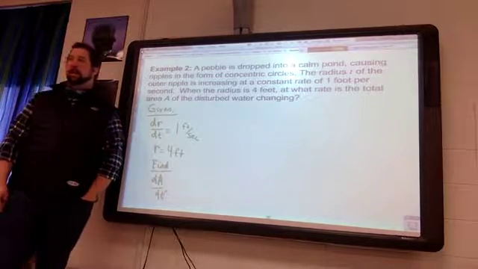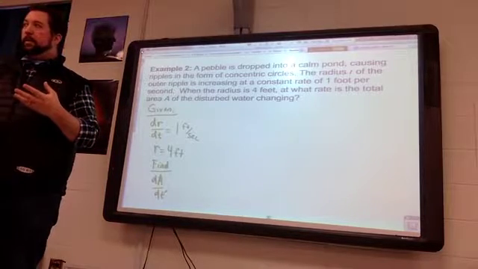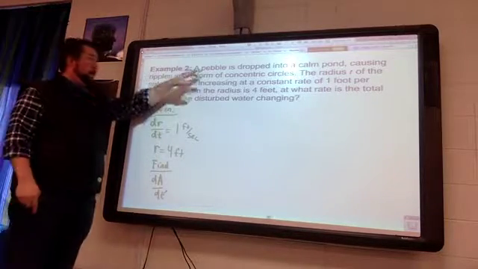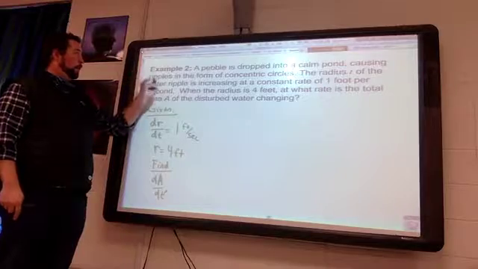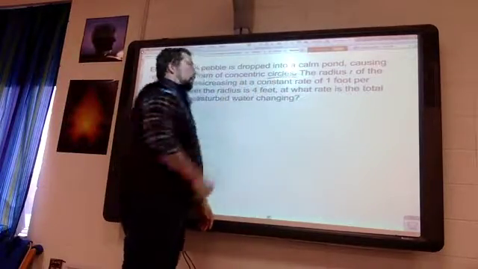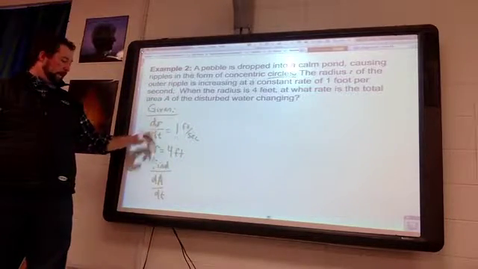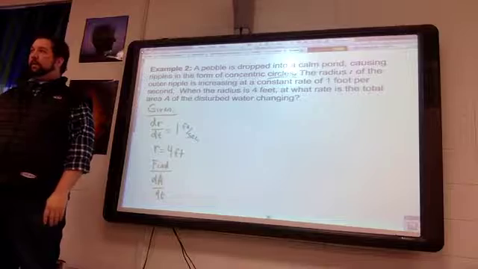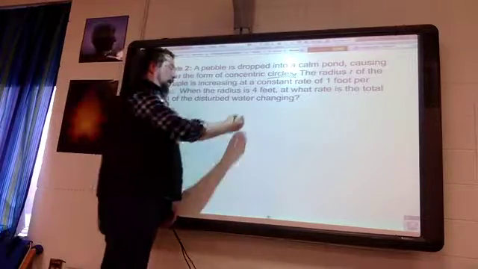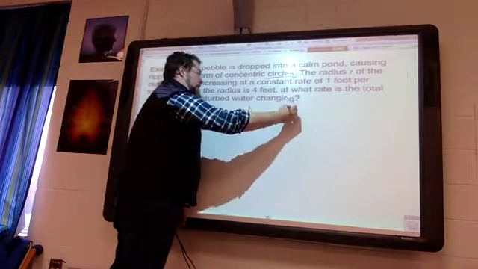Now we need some kind of equation that relates all this stuff. Let's look at the very beginning. A pebble is dropped into a calm pond, forming ripples in the form of circles. If only I knew a formula that related radius and area. Oh, we do know that one. Area is equal to pi r squared.